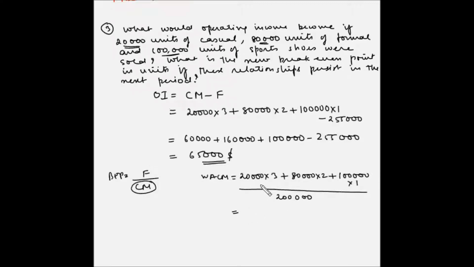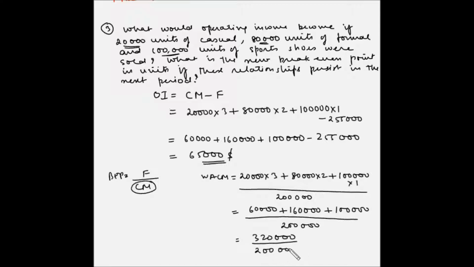So this is equal to 60,000 plus 160,000 plus 100,000 divided by 200,000. So this is equal to 320,000 divided by 200,000.